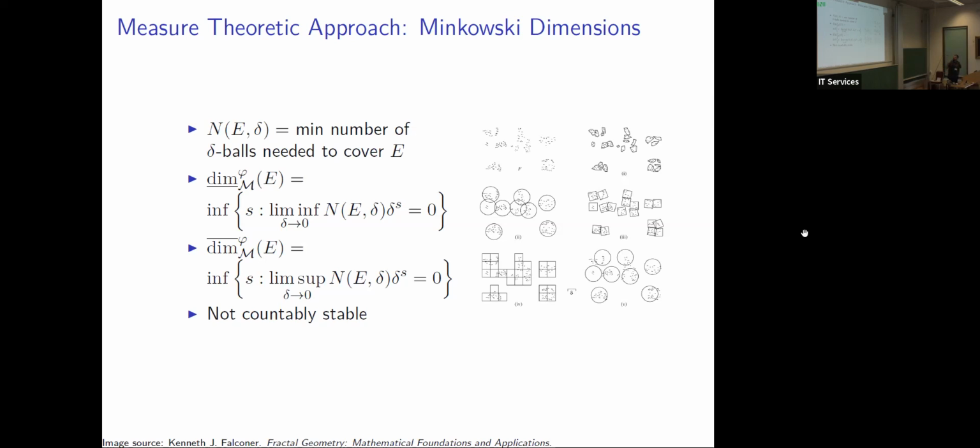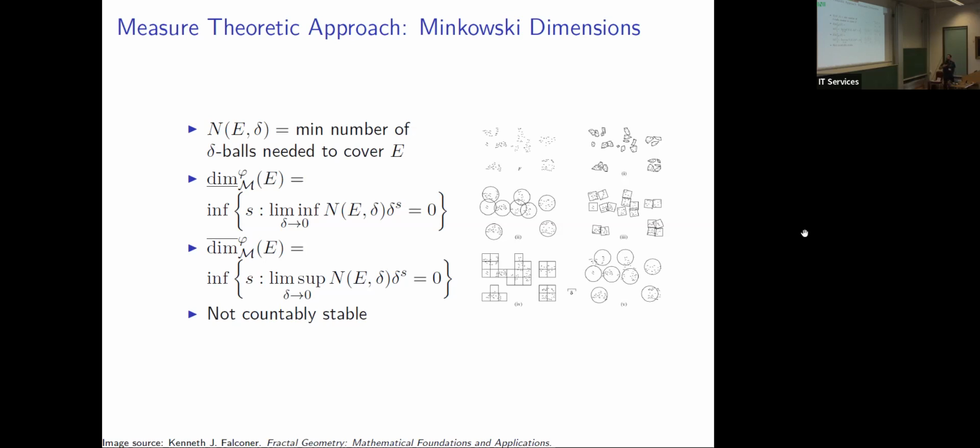So for small s's, that lim inf is going to be infinite, and for big s's, it's going to be 0. And the point where it jumps in between those two is what we call the lower Minkowski dimension of the set. There's a phi here that you should ignore. And then the upper Minkowski dimension of the set is just the lim sup there.